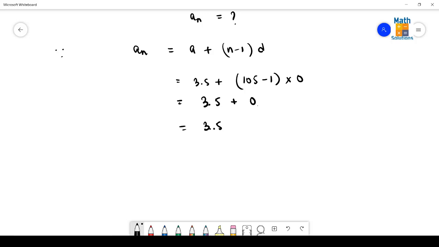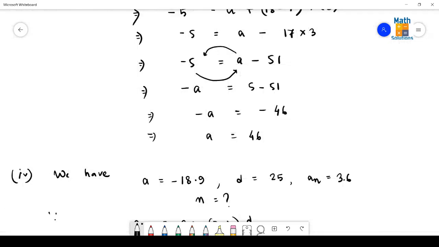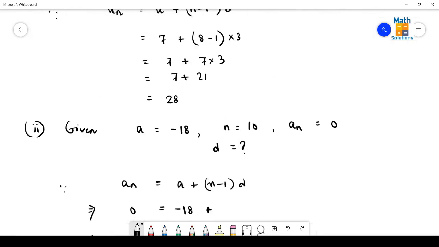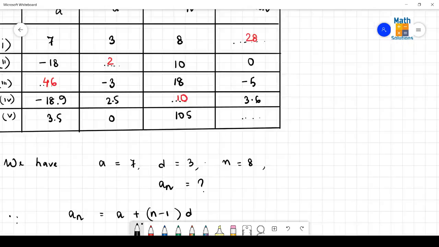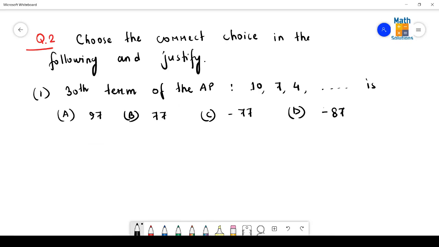So this is the answer for the last question of this question number 1. So I can put the same result here as 3.5, and this is the answer. So with this question number 1 gets over. So here goes question number 2.